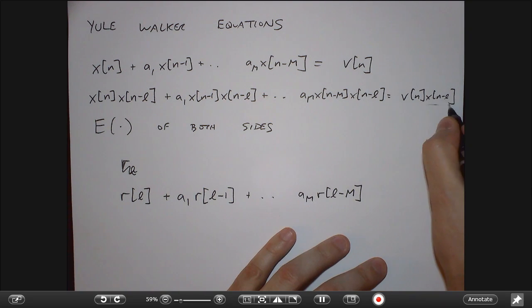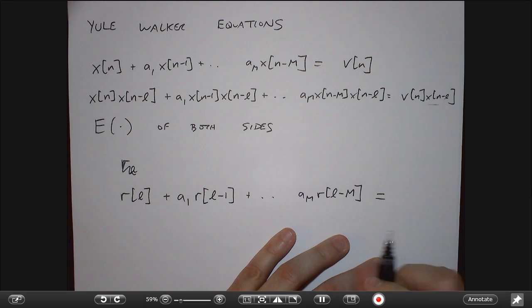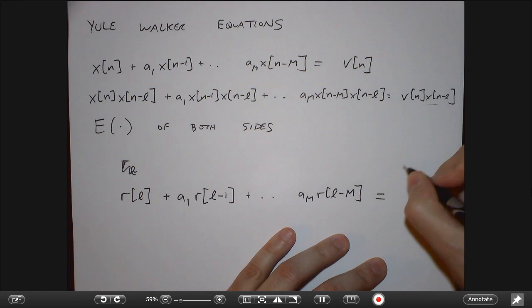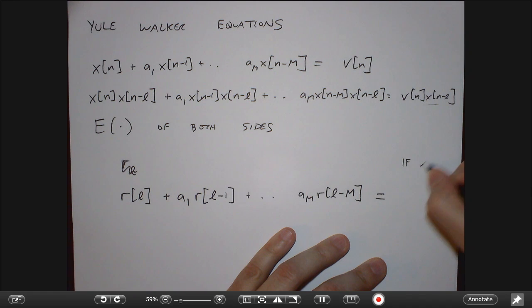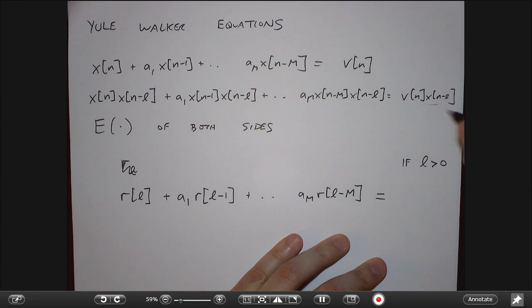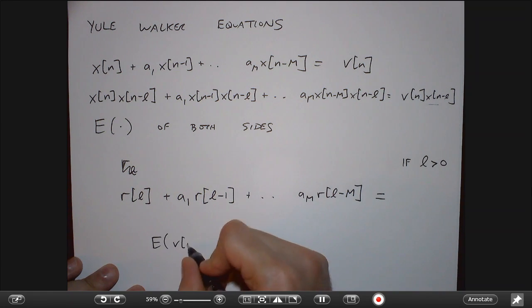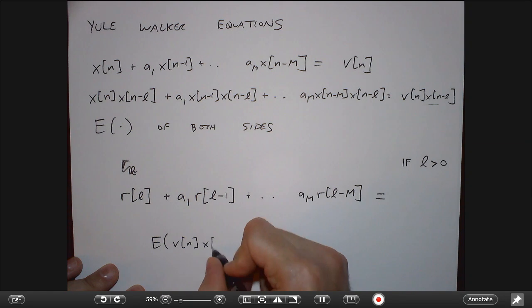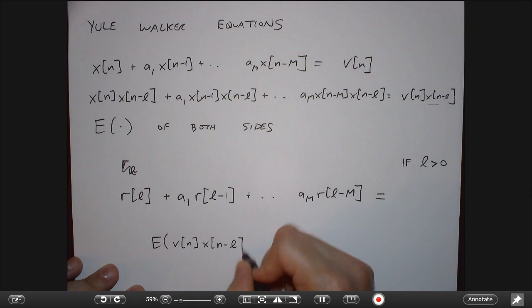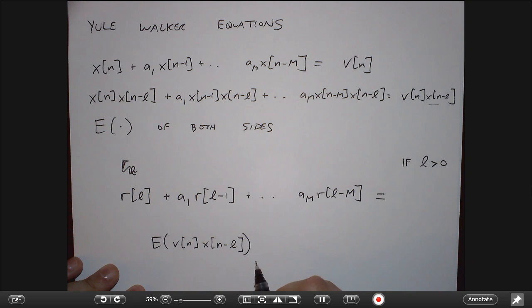And then what is the expected value over here? Well, let's think about this for a second. So if L is greater than 0, let's say, well, that's like saying that here I want to know what is the expected value of the current value of the noise and previous values of the input.